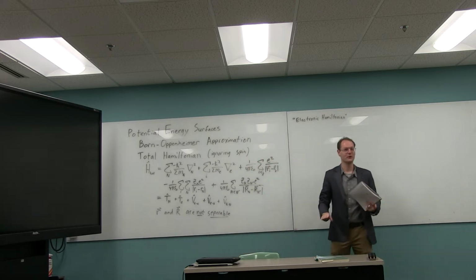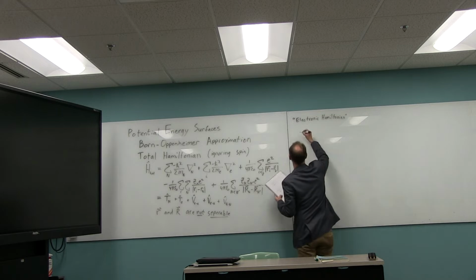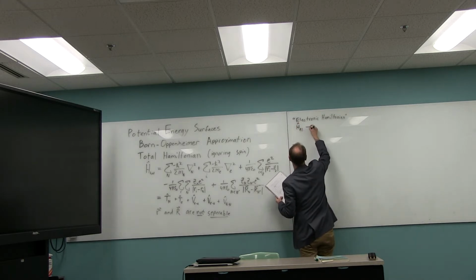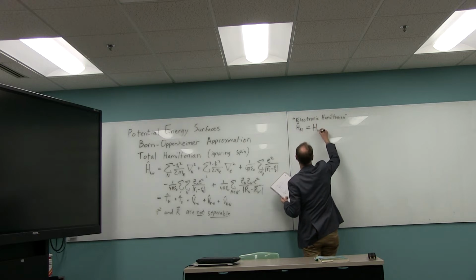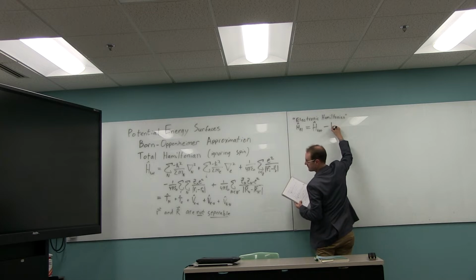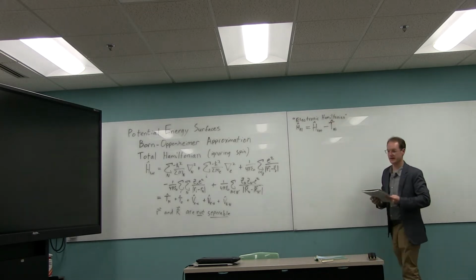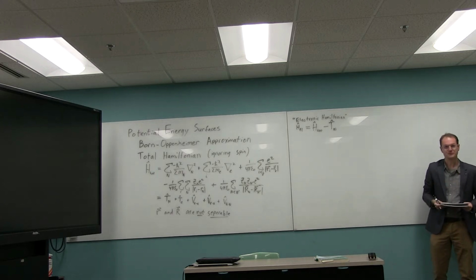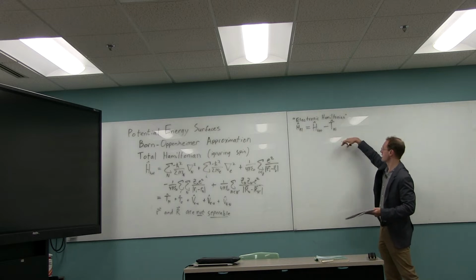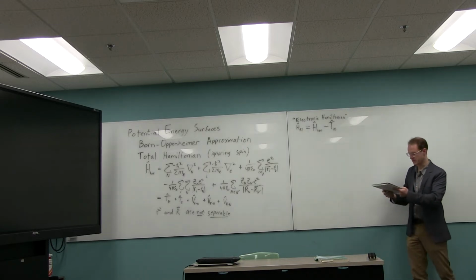So basically we ignore nuclear motion, right? So the electronic Hamiltonian is simply equal to the total Hamiltonian minus Tn, the nuclear kinetic energy operator. And if you're including spin-orbit effects, you would also subtract the spin-orbit operator. But I'm going to leave that out for today for the sake of simplicity.